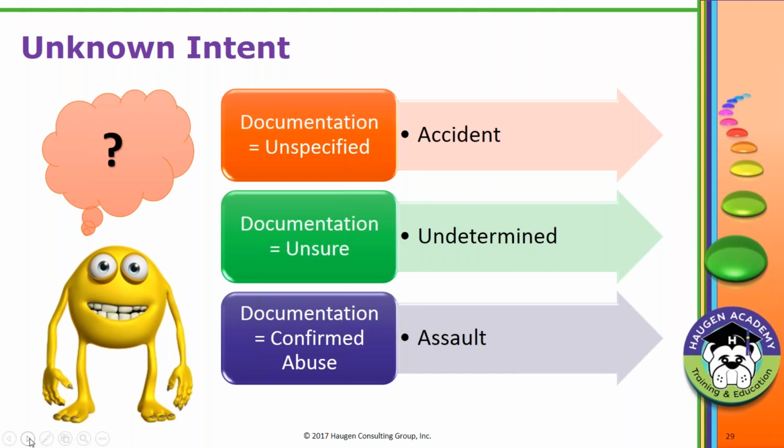You could use that same scenario if a patient was pushed out of a second-story window. Now that would probably be a confirmed case of abuse, or assault. So hopefully those are three examples that make sense on how to document the accident, the undetermined, and the assault.